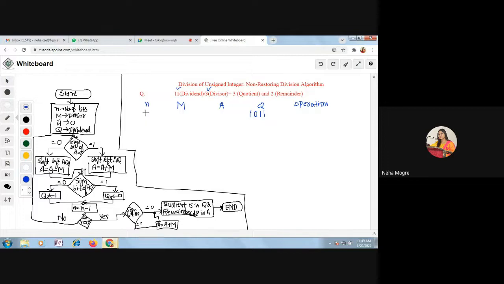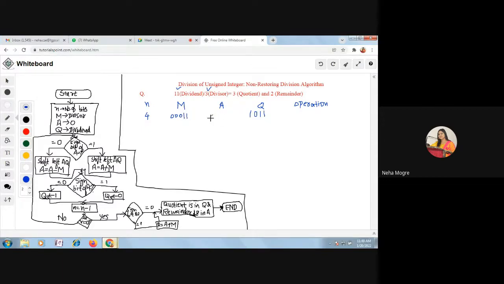Right? That means n is 4, and 4 plus 1 you take as the M bit. Whatever the bits are there for Q, plus 1 bits you add to your M and A. So your M is 3. 3 I can write like this: 0 0 0 1 1.